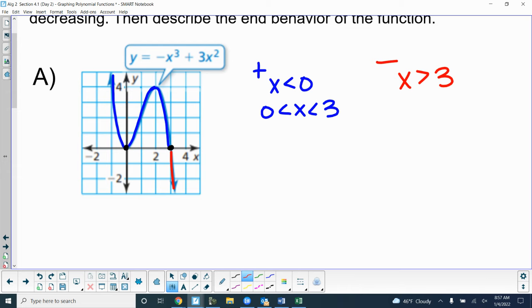All right, and then for our decreasing and increasing stuff, increasing we use green, and decreasing we use purple, right? So let me get rid of those colors.